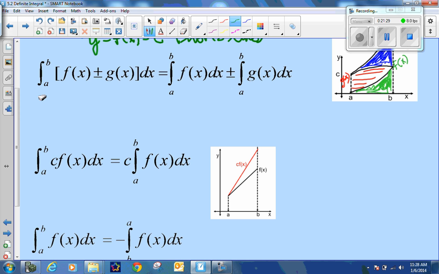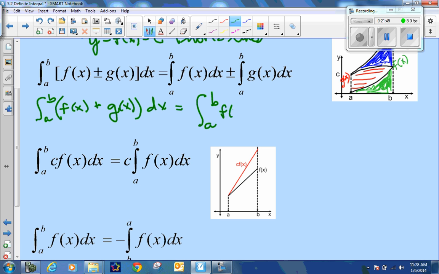So basically if I want to say the integral from a to b of f of x plus g of x dx, that's the same as doing them separately: the integral of f of x dx minus the integral from a to b of g of x dx.